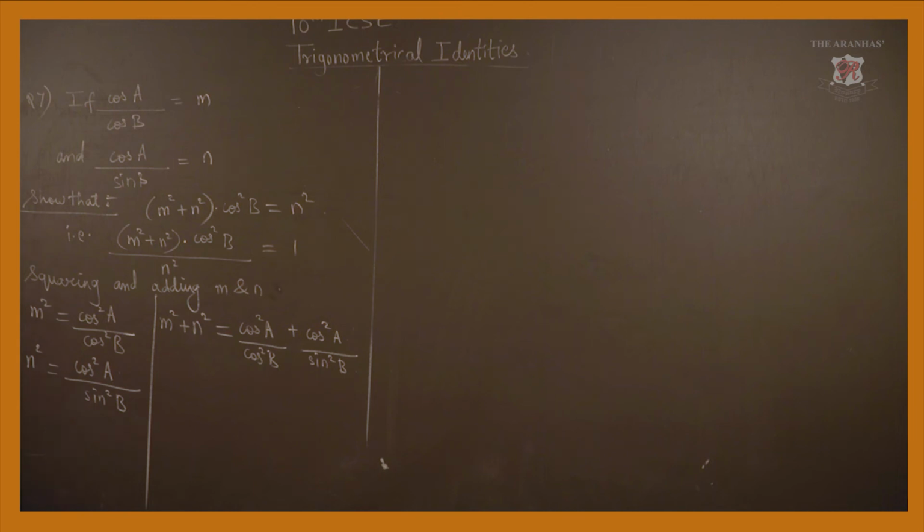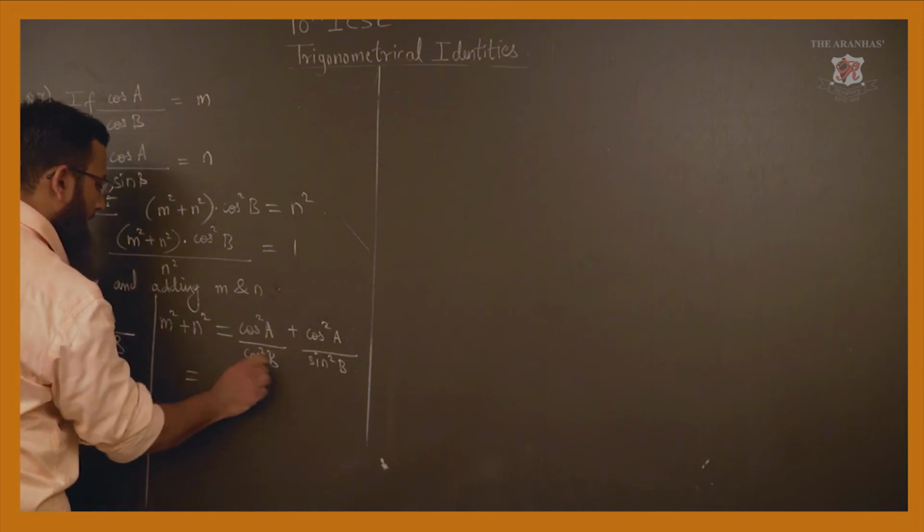The question arises, how to proceed further? Steps are very easy. N square is also known to us, m square plus n square is also known to us. Why not select the LHS from here and solve it? Before that, let us see if we can take any LCM in this case.